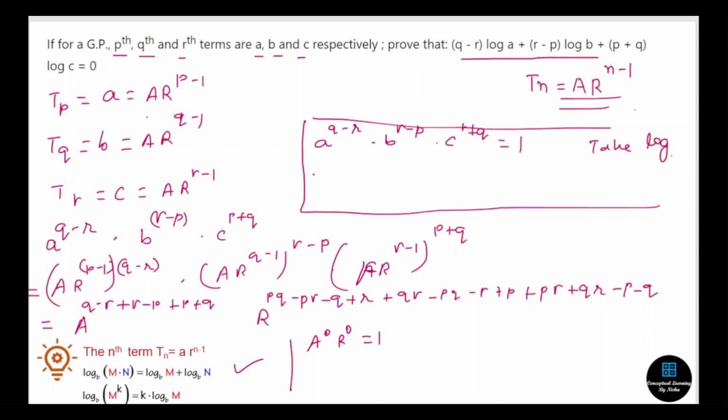So what do we get? I am applying the product rule as well. So I'll get q minus r into log a plus r minus p log b plus p plus q log c equals log 1, which is 0. Hence proved.